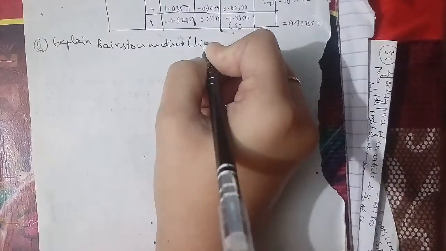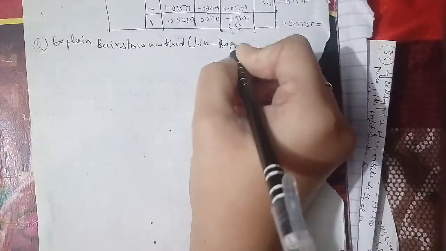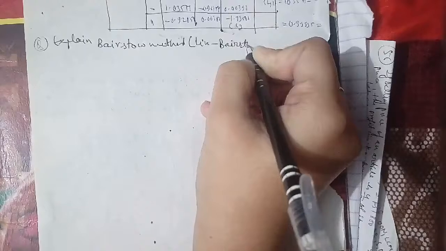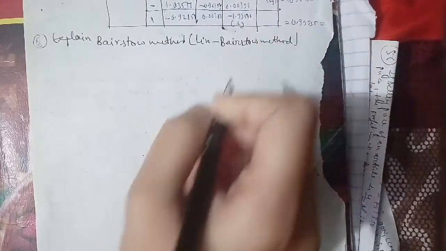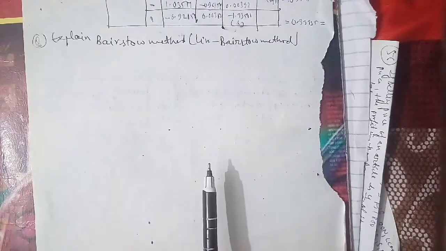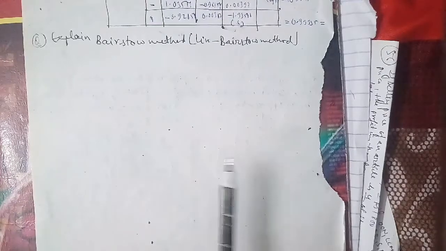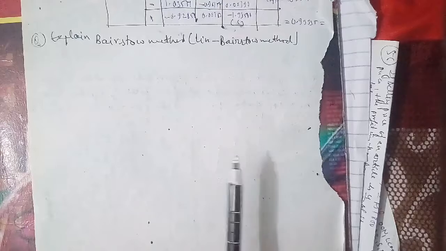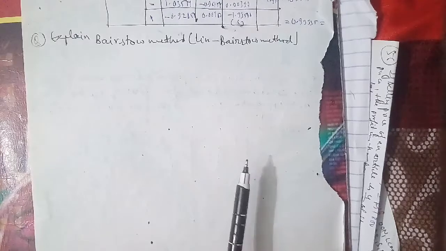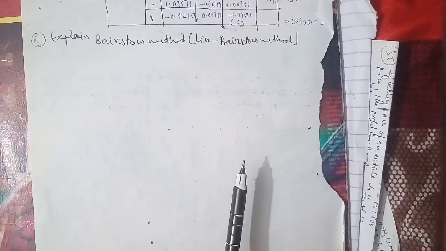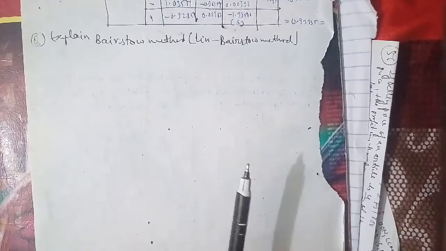Bairstow method. In this method, the quadratic factor x squared plus px plus q is extracted from the polynomial f(x) of degree n. The remainder polynomial is rx plus s of degree 1. The quotient polynomial f n minus 2 of x is of degree n minus 2.